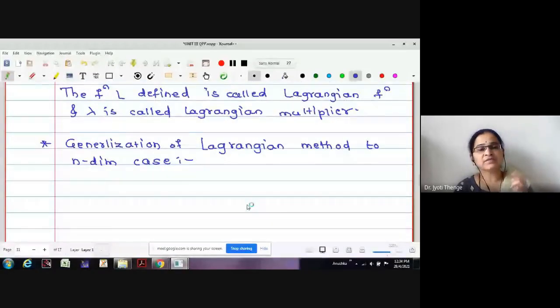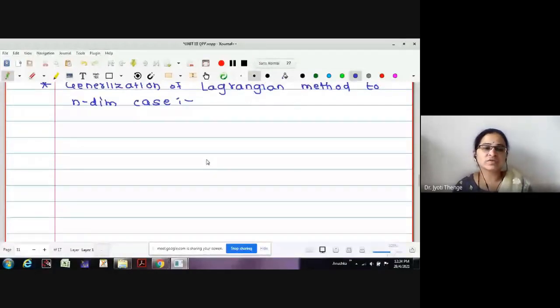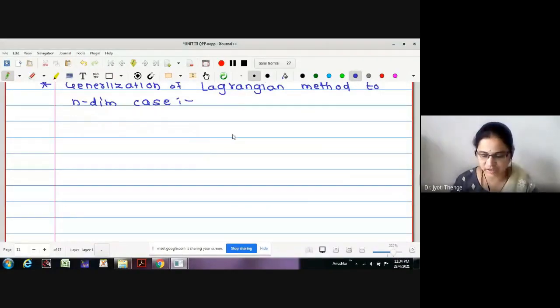Later, we will construct the Lagrangian and differentiate the Lagrangian function with respect to all the variables involved, and equate the partial derivatives to 0. Whatever equations are constructed are the necessary conditions for the optimization of the problem. Right?